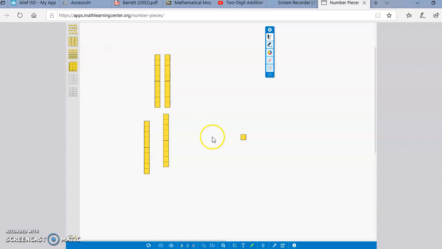Now we are going to do the same thing, something very similar, using a pictorial and algorithm model.